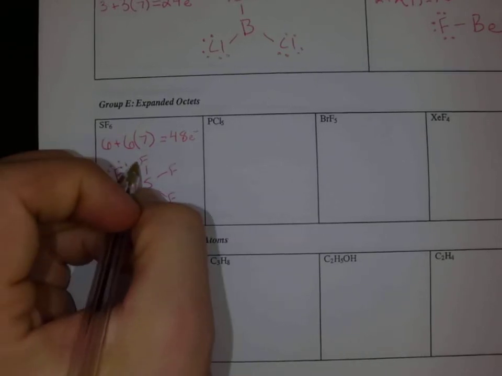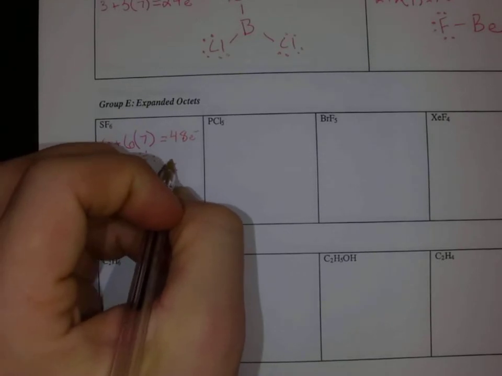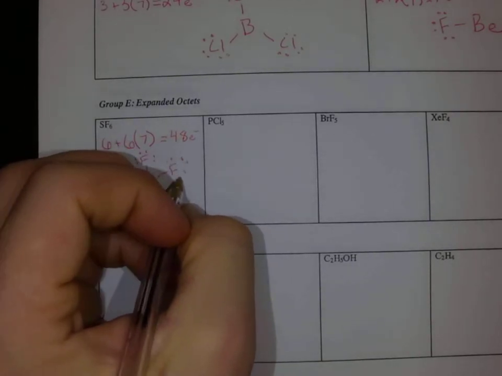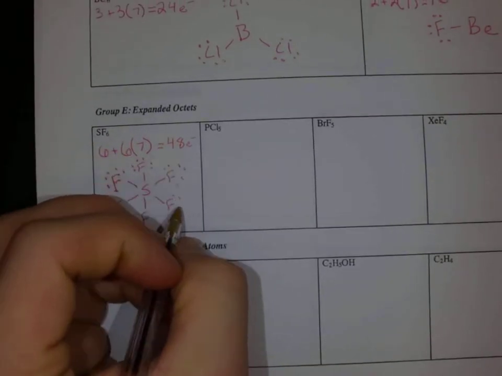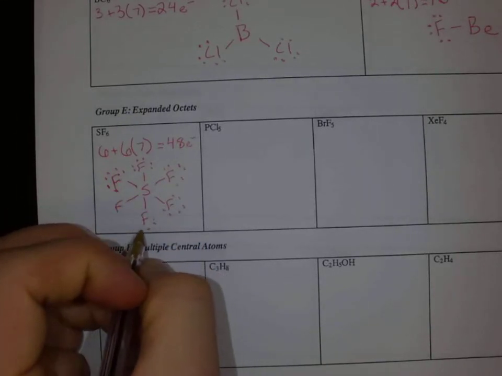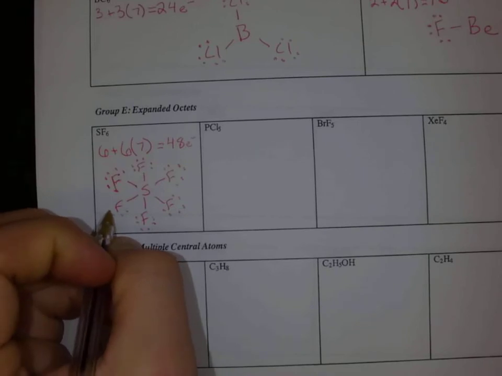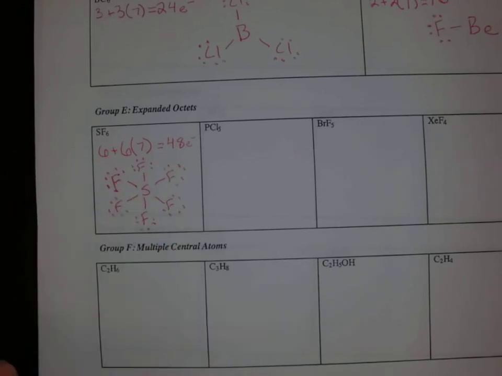Once we put all of our electrons on here, we should end up with 6 lone pair electrons, so 3 lone pairs on each fluorine, plus 1 single bond from each fluorine to sulfur.